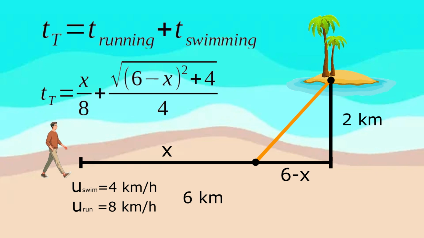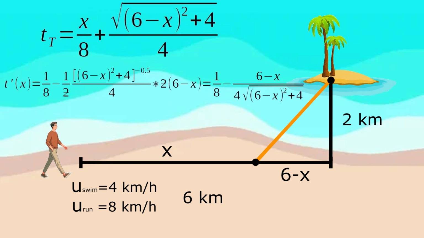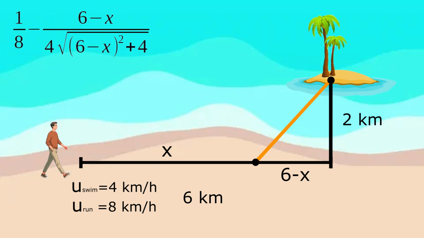So the derivative of this function is going to be 1 over 8, and for the derivative of this complex function, we're going to use the product rule, the chain rule, and the power rule, and it's going to be minus 1 over 2 times (6 minus x) squared plus 4 to the power of minus 1/2, times 2 times (6 minus x), all over 4. And this simplifies to 1 over 8 minus (6 minus x) over 4 times the square root of (6 minus x) squared plus 4. And we'll equate this to 0.